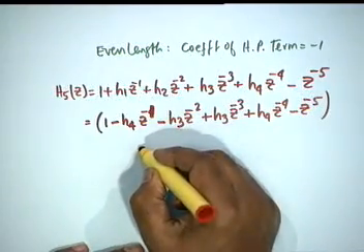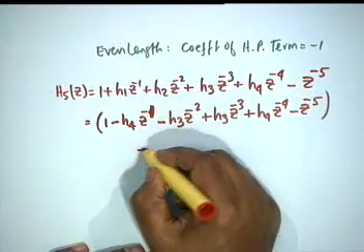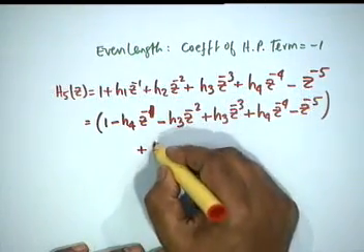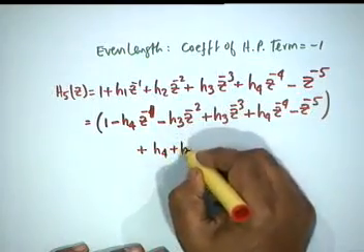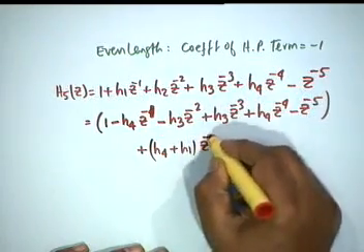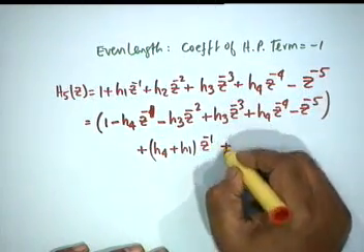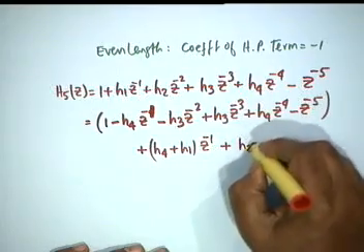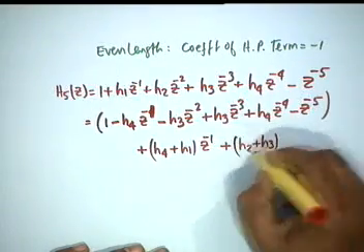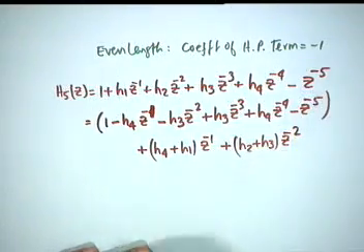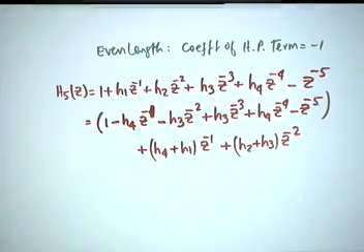Then you have to add H4 plus H1 Z inverse plus H2 plus H3 Z to the minus 2, and I think you can do the rest.